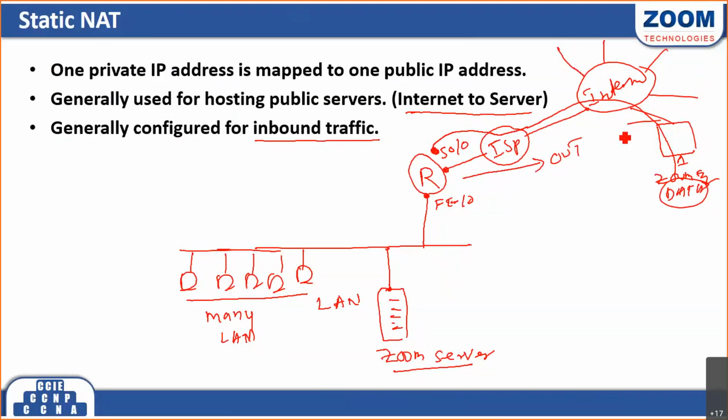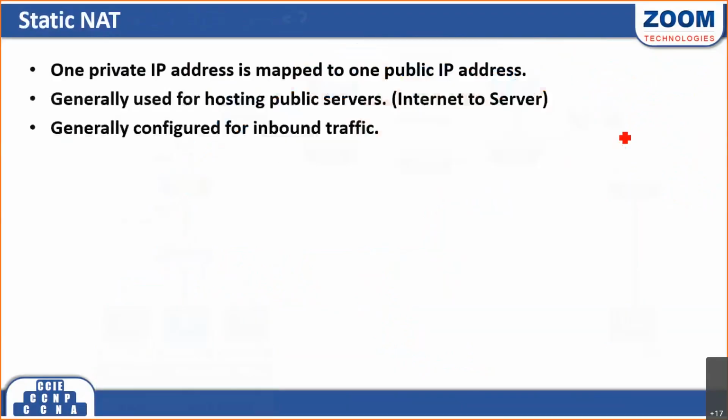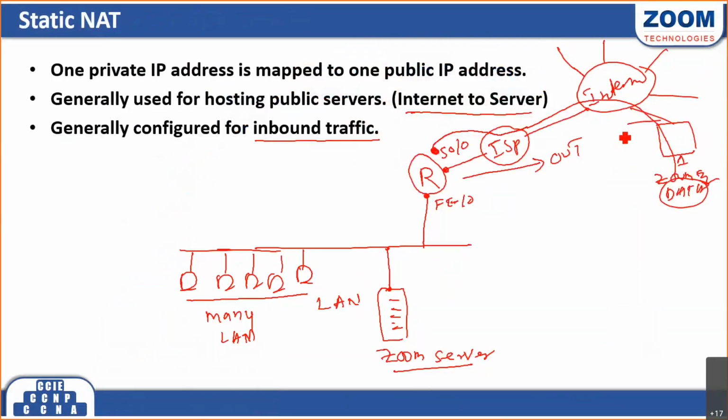Okay. Balu, here, one more doubt. For example, now one PC, Anand's PC, is accessing with inbound traffic. During that time, it will use one IP. At the same time, if I am able to use the same Zoom server, then how will this router allot the IP? Here, WAN is the destination. Means WAN IP 16.1.1.